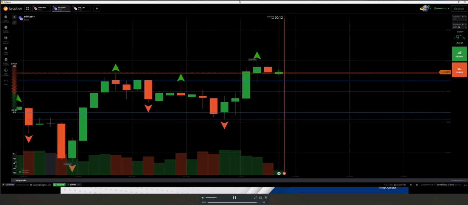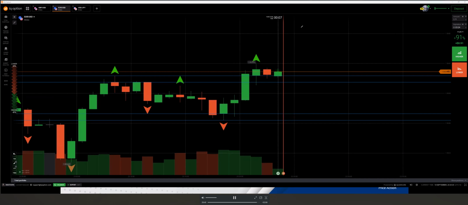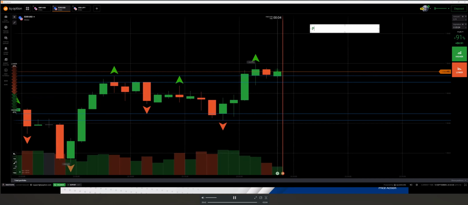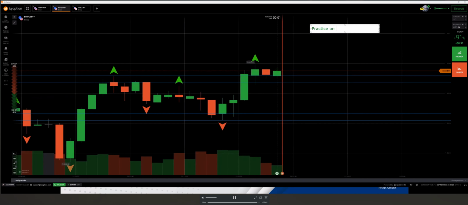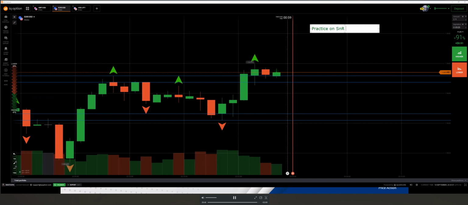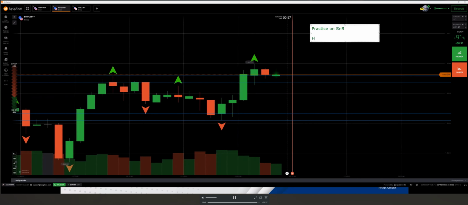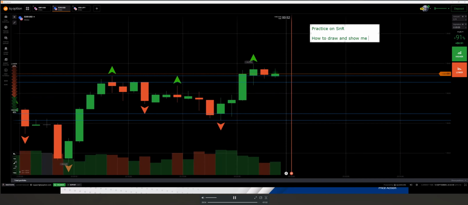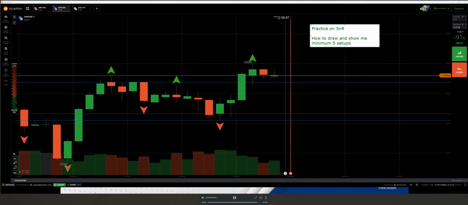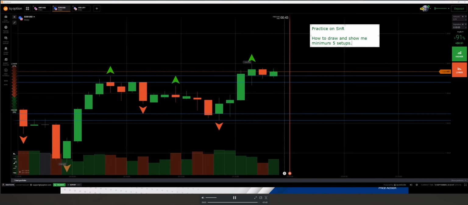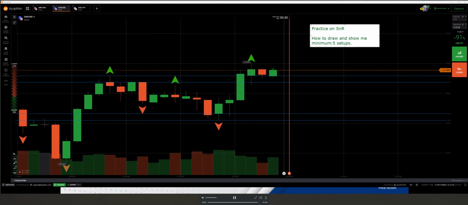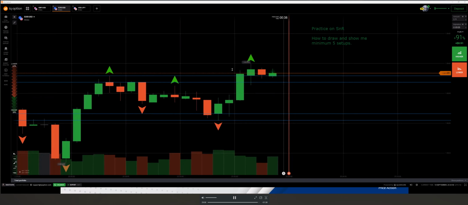The assignment is to practice on SNR, how to draw it, and show me a minimum of 5 setups. Both of you show me the 5 setups on the SNR.